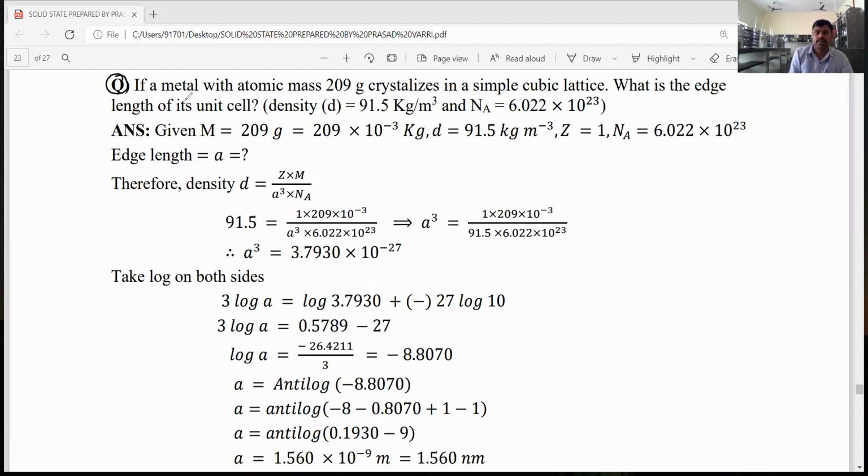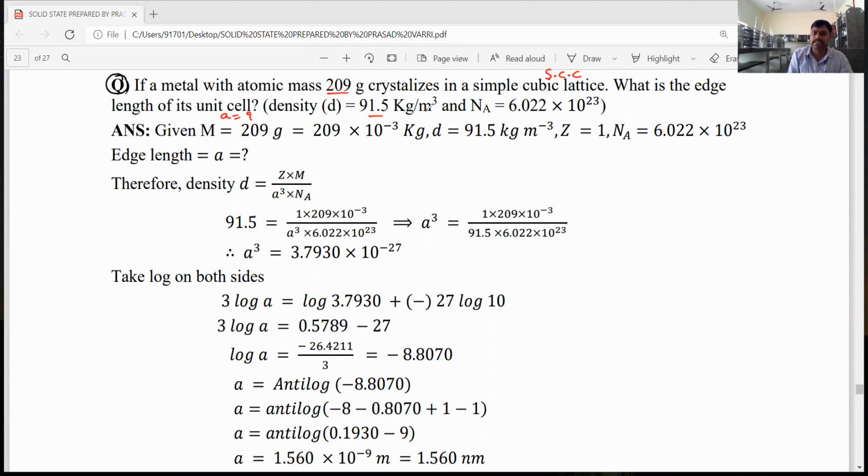Let's see, dear students. A metal with atomic mass 209 crystallizes in a simple cubic lattice. What is the edge length a of the unit cell? The density is given as 91.5 kg per meter cube, and the Avogadro number is given.